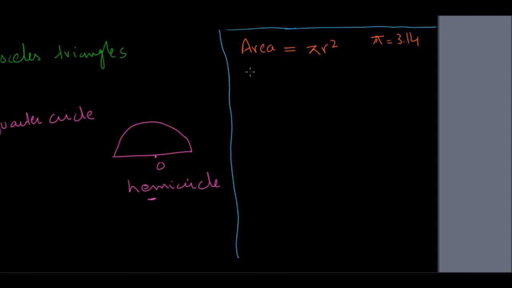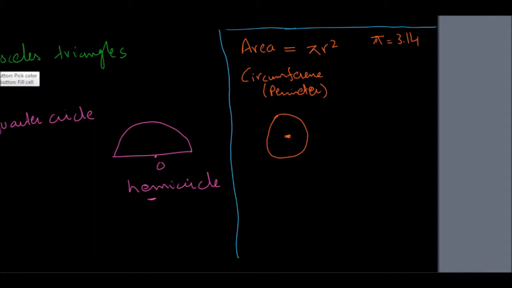Another quantity that you need to know with regards to circles is the circumference. The circumference is like the perimeter of a polygon. It's basically the length of the edge of the circle. So if you have a circle, and you measure all the way around, so you start from here and you measure the length of this edge all the way around.